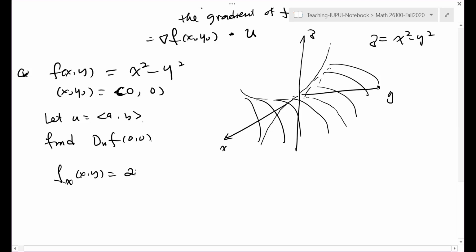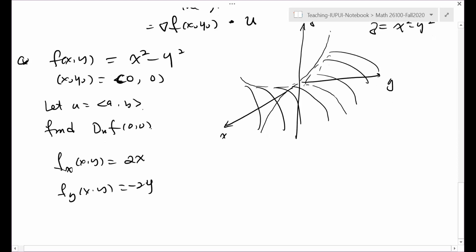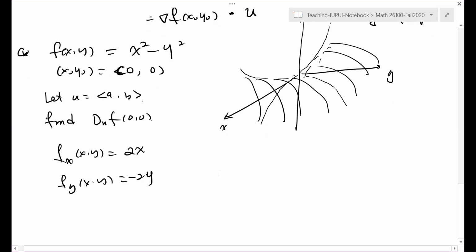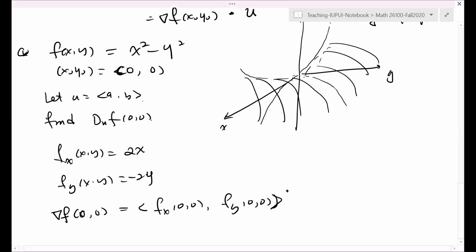That's going to be 2x, and the partial derivative with respect to y is going to be negative 2y, because the first term is x squared, then you differentiate the y squared to get 2y, so you have a negative sign. The interesting thing happens with this gradient at the point (0, 0).